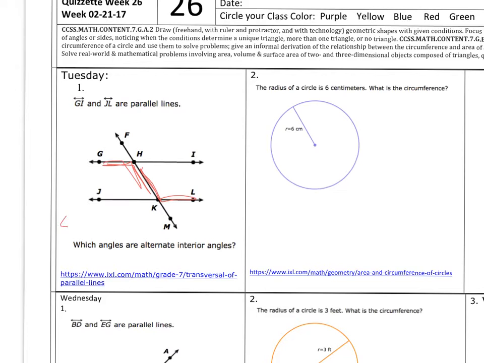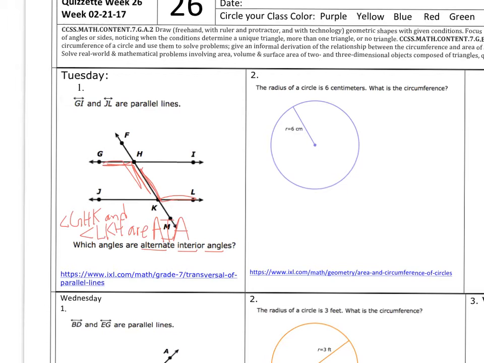So you could say angle GHK and angle LKH are, I'm just going to abbreviate it, alternate interior angles, AIA, which means alternate interior angles.